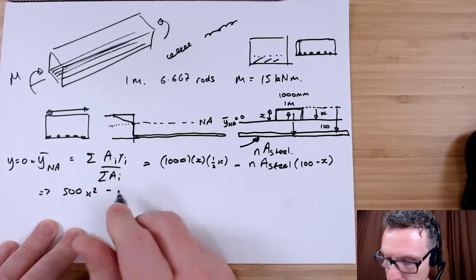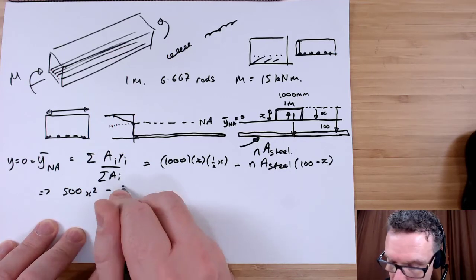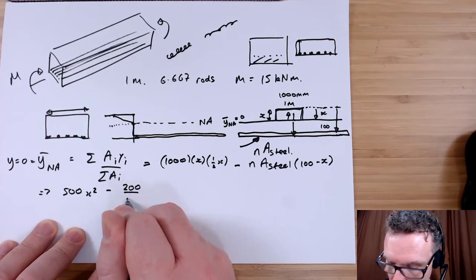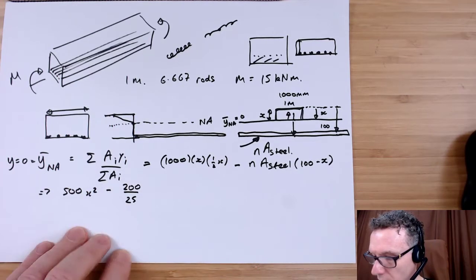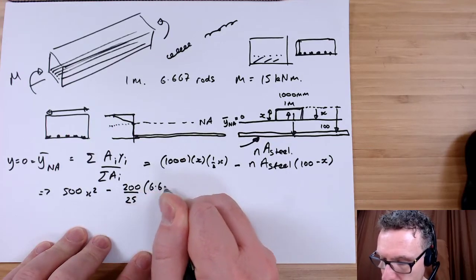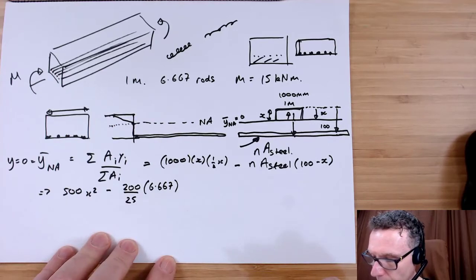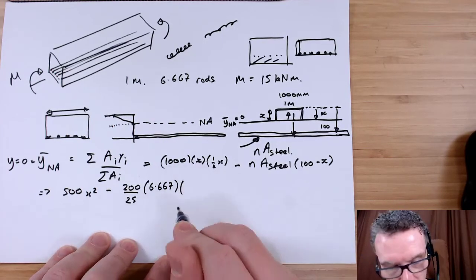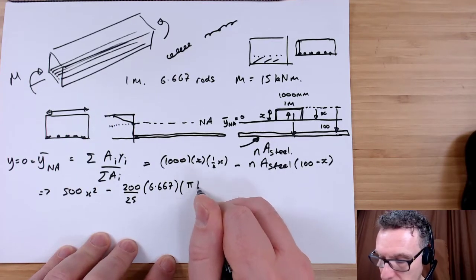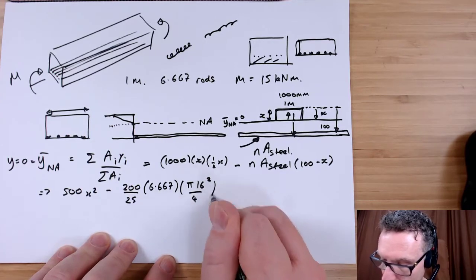So minus n, which is 200 Young's modulus for steel, divided by 25 Young's modulus of concrete, times by 6.667 rods, times by pi, we're working in millimeters, 16 squared divided by 4.